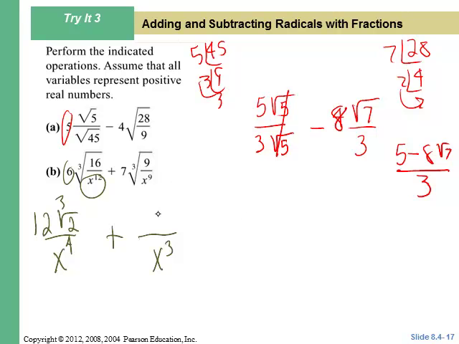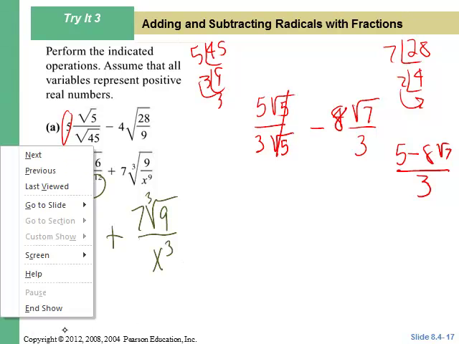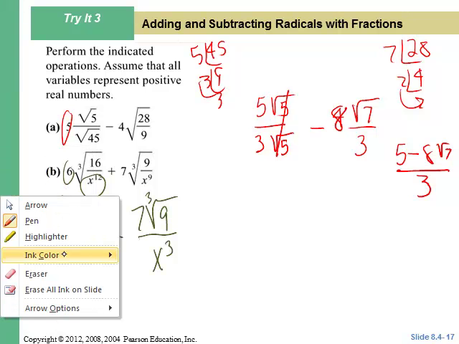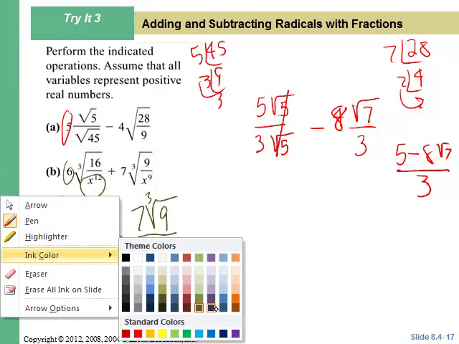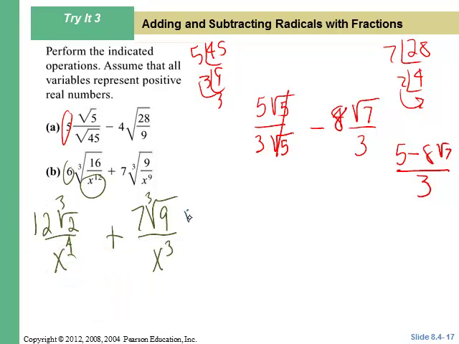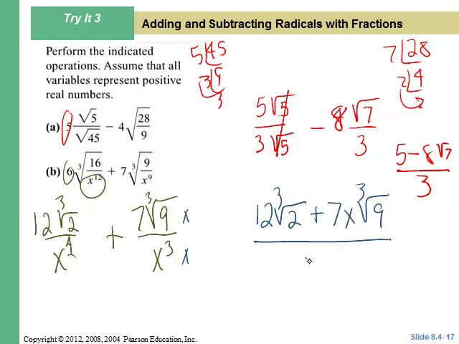Cube root of 7 is, or of 9, so it's 7 cube root 9. The only way we get common denominator is to multiply this second one. Multiply the second one by, I'm going to change colors here so that you see, x over x. So we have 12 cube root 2 plus 7x cube root 9 all over x to the 4th.